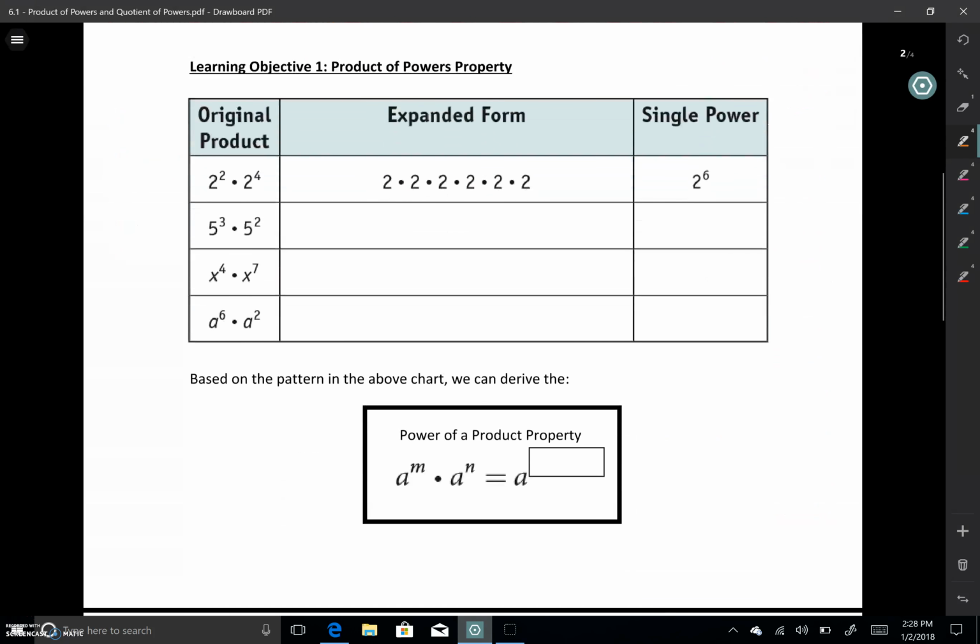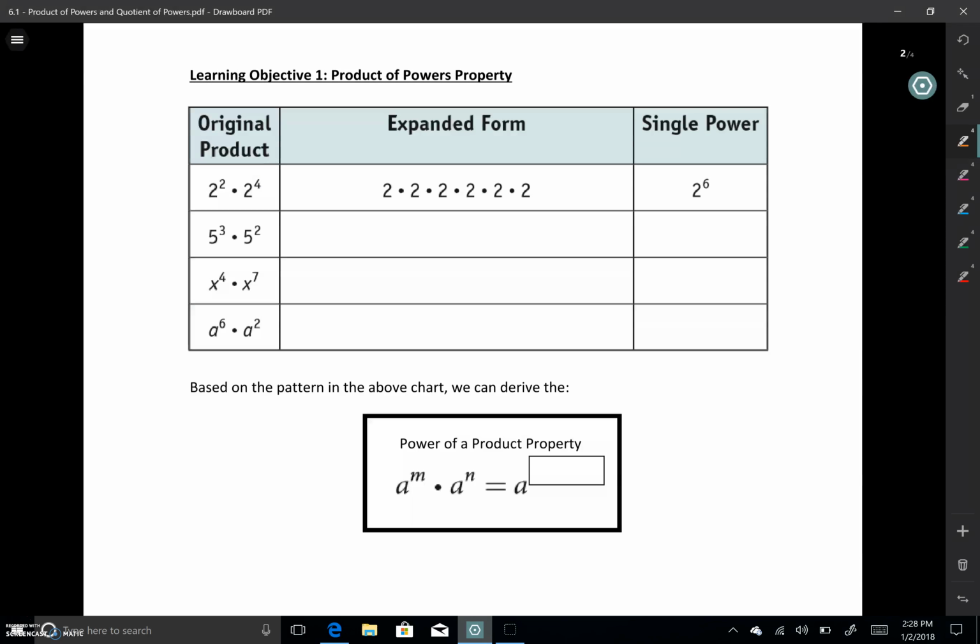My learning objective 1 here is again based on the product of powers property, and what I'd first like to do is fill out this chart before we actually get into exactly how the property works. If we look at the first line, which is done for us, I have first 2 squared. So that is going to tell me 2 times itself twice, and here's that once and twice.